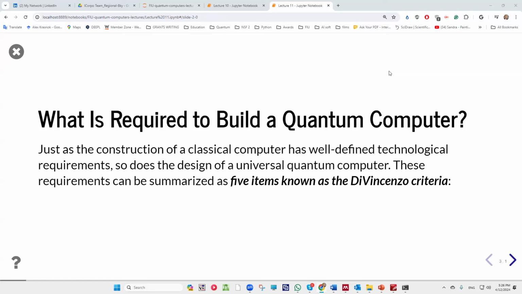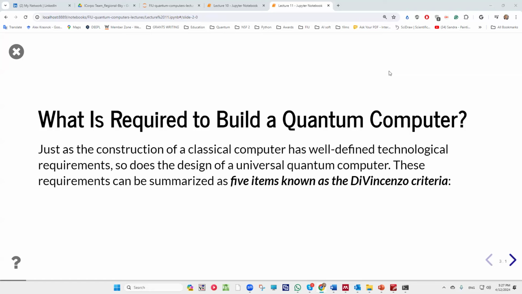So the physical nature of the qubit itself can be different, and this raises the question of what type of system we can use to build a quantum machine, a quantum computer.